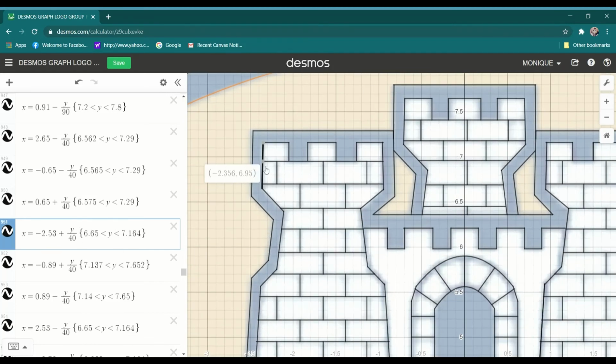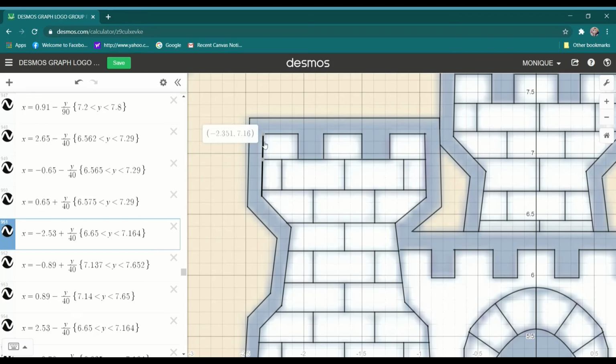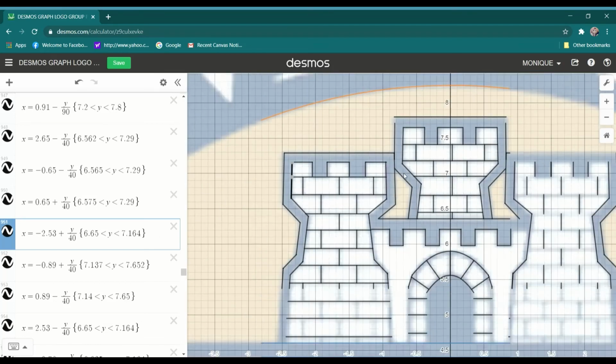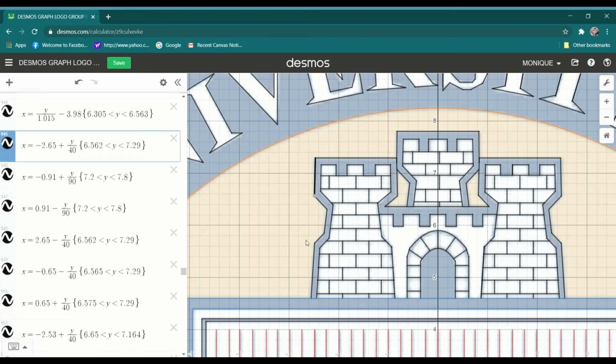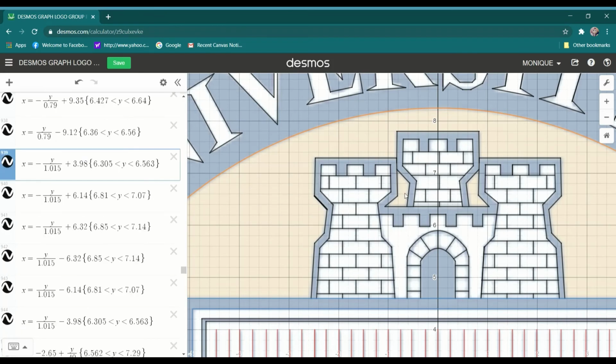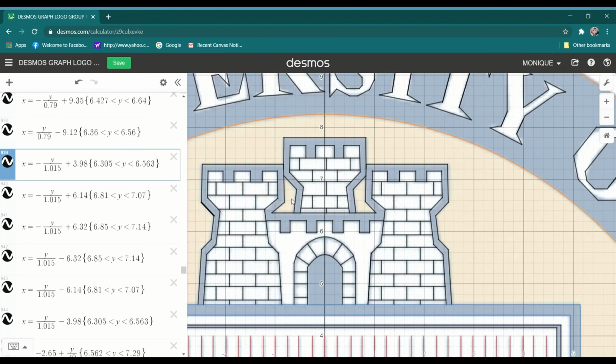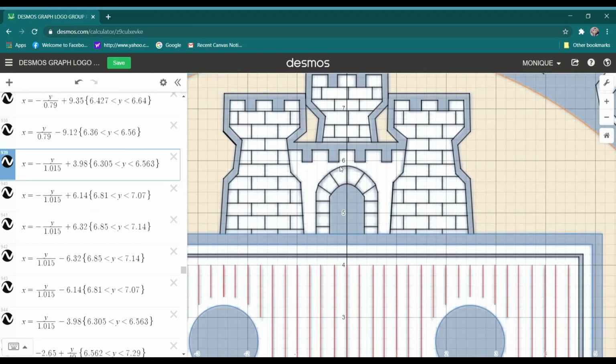And to see how far the line goes, it's 6.65: y is greater than 6.65 but less than 7.164. So, same here. It's a linear equation. All the slant parts are linear equations. They're straight lines. This part is a curve.